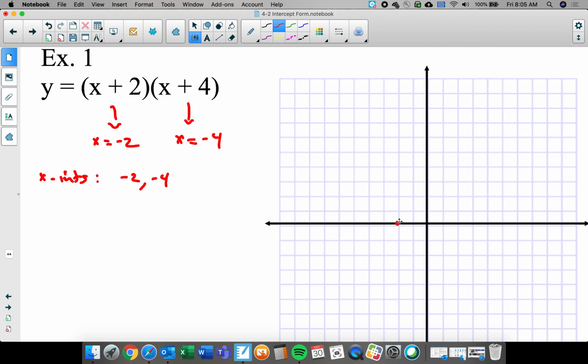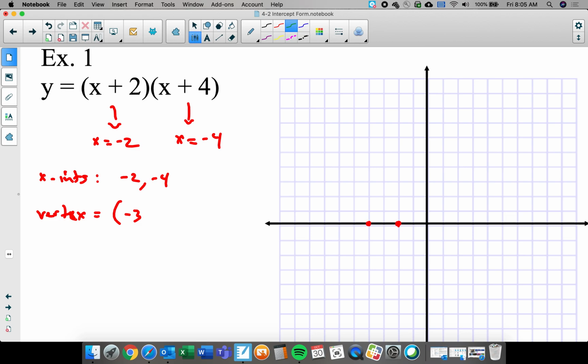So if I plot those, there's one of them. There's the other one, which means the vertex of this parabola is going to have to be halfway between those, which in this one's fairly obvious. It's going to have to be -3. So now if I'm going to find the y-coordinate of my vertex, I'm going to substitute that -3 back in.